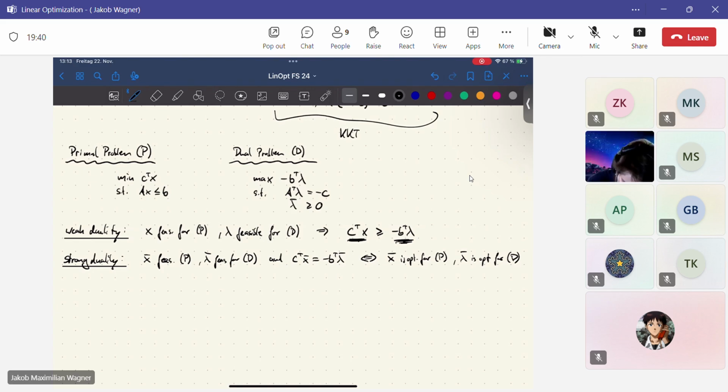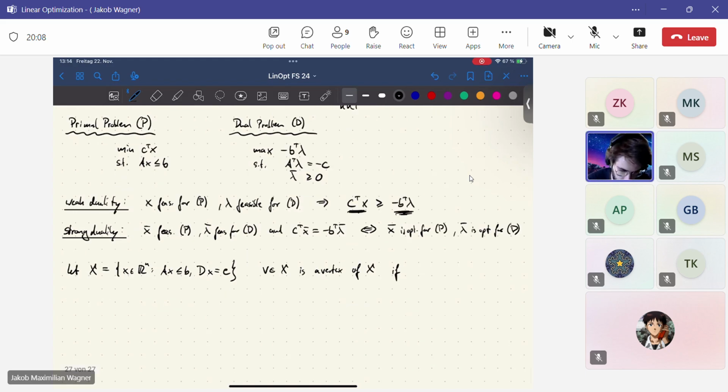So if we have our feasible set, call this X, which are all X in R^n such that Ax less or equal B and Dx equal to E, then we say that a point V in this set is a vertex of X if we have a rank condition.